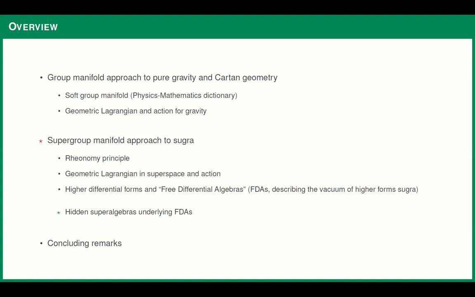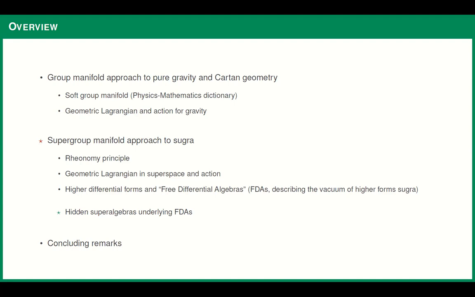And then we move to applications, so to the presence of higher differential forms in higher dimensional supergravity, and the free differential algebras, which are the algebraic structure describing the vacuum of the theories, an extension of the Maurer-Cartan equations to involve higher differential forms.